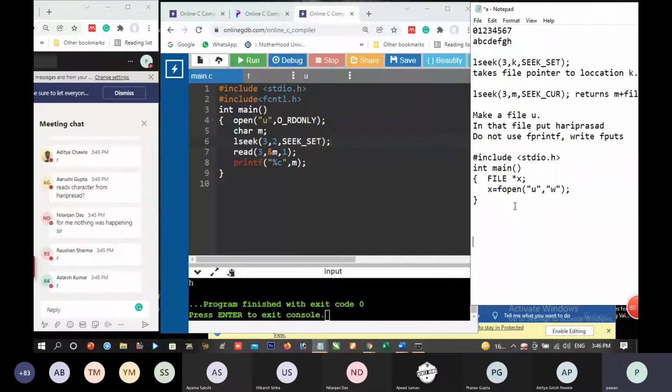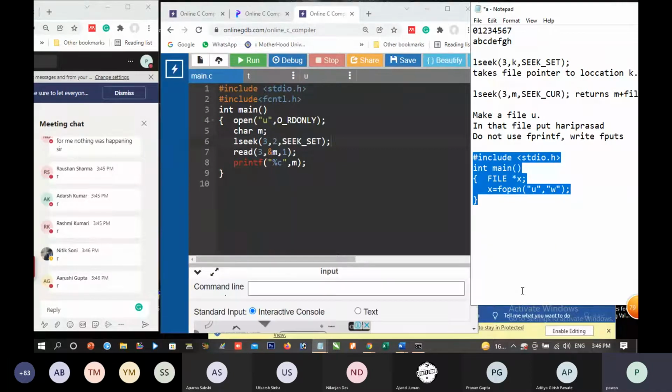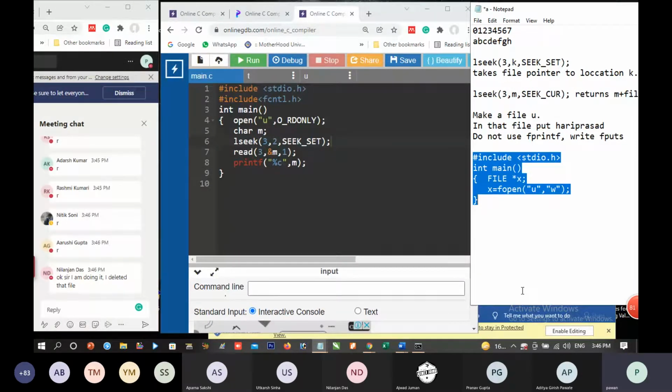Nilanjan, have you done this, where my cursor is rotating? This portion. Try seek current also into this. Because how will the file be created?